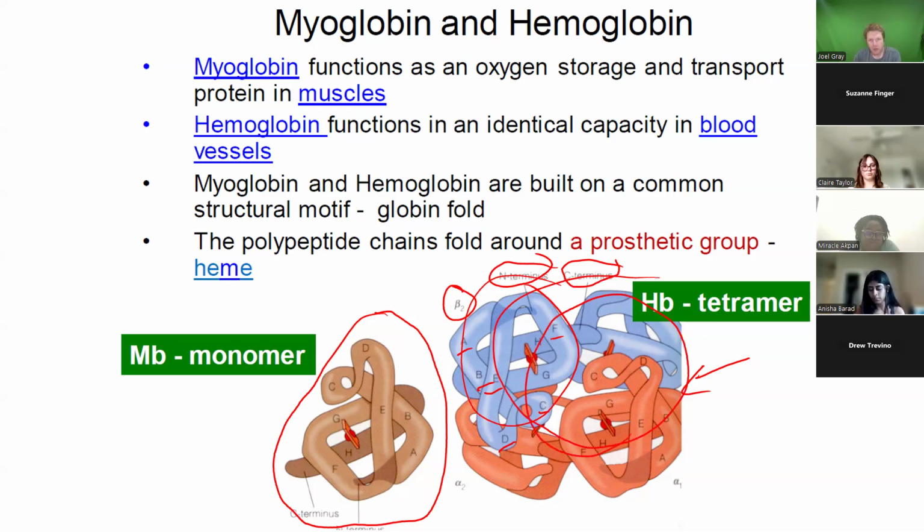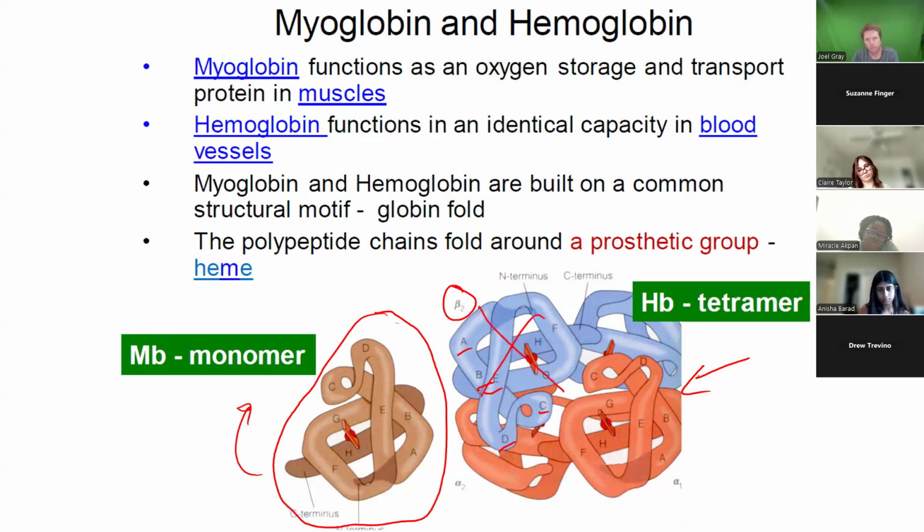Now, one thing that I want you to remember is that if you were to take this myoglobin subunit and rotate it and try to overlay that subunit on this right here, is there going to be some similarity? Yes. But one thing that I do not want you to make the mistake of is to think that 4 myoglobin subunits make hemoglobin.